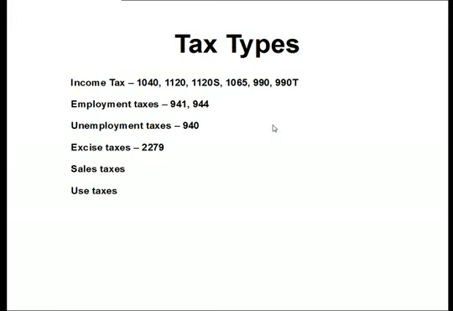The thing about employment taxes and unemployment taxes is that they are a pay-as-you-go system. If you are an employer and you have employees, then with your regular payroll cycle, when you issue paychecks to your employees, you have to make what are called federal tax deposits to deposit the money to the Treasury Department that you withheld from paychecks and your matching portion of the Social Security and Medicare.